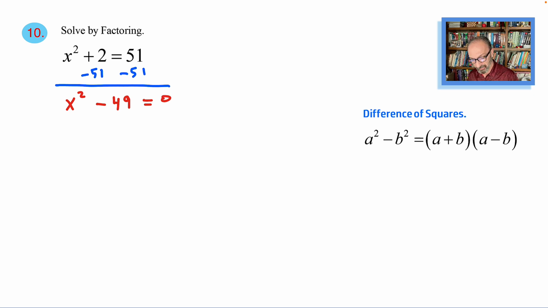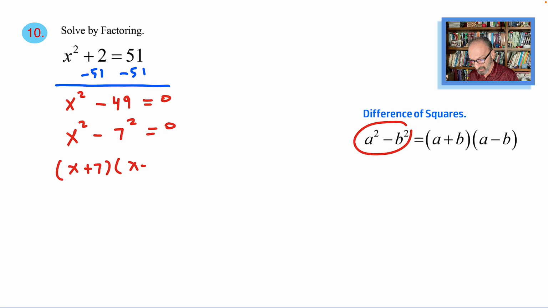To apply the method of difference between two squares, I need to see them as two squares with a difference. So we could write this as x squared minus 7 squared. So in this case, a is x and b is 7. That will go x plus 7, like a plus b, and a minus b will look like x minus 7, equals 0.